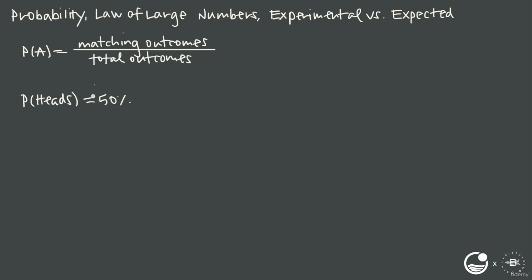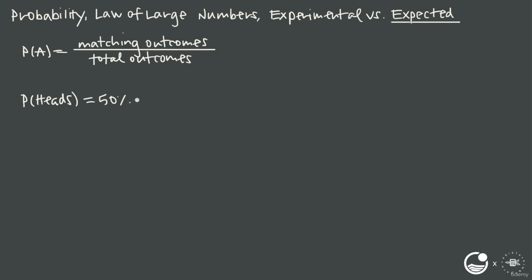This 50% figure that we calculated, and this formula here for the probability of any event A, is specifically what we call expected probability, or we also call it theoretical probability. It's the probability we expect to have under the given scenario.